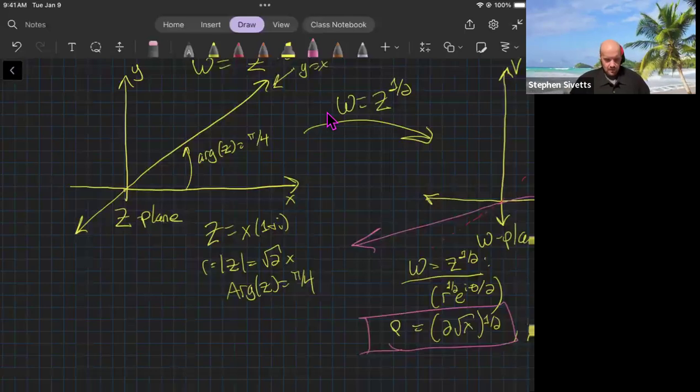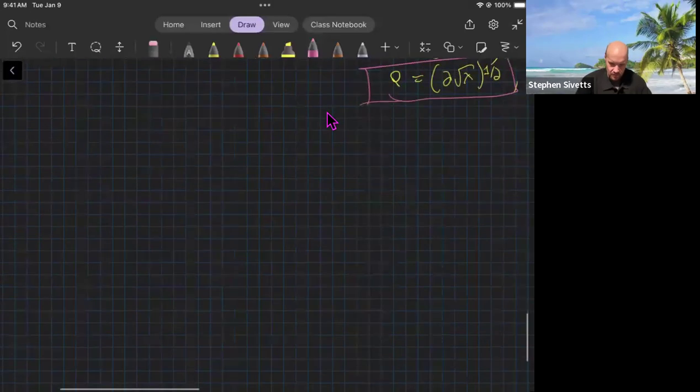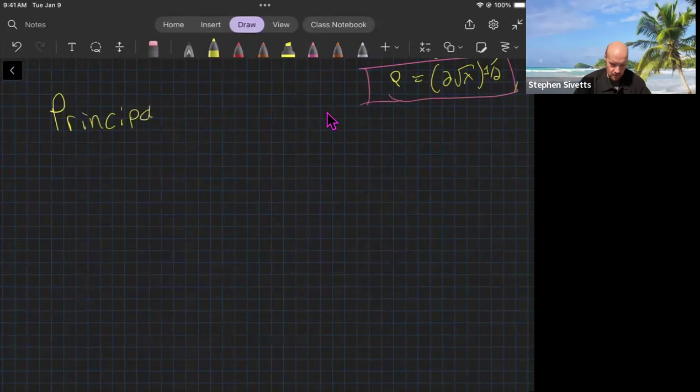Then I'll write out the definition for the principal nth root function.